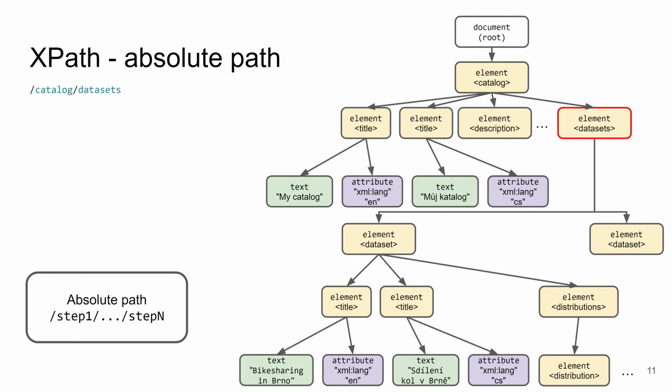But for now, let's stick with absolute paths, which are those that start in the document node. And this query has two steps in the path. The first step goes to the catalog element, and the second step goes to the datasets element. And the result of this query is the datasets element.